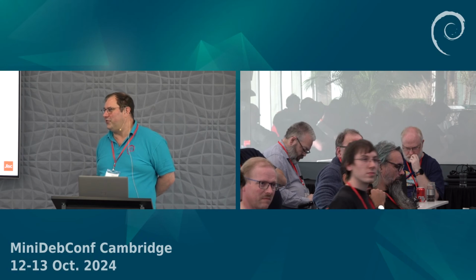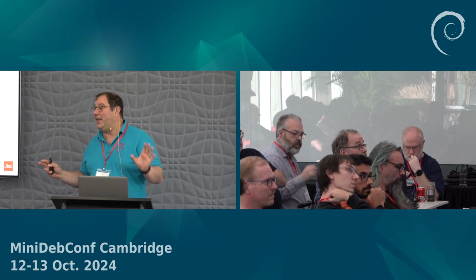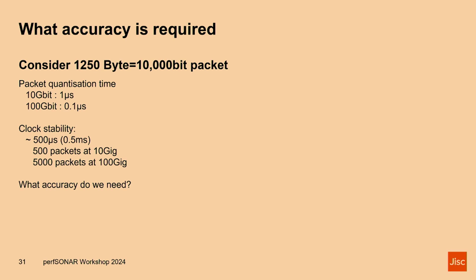So at the moment, as I showed, what we're measuring is clock drift. But I did a back of the envelope calculation, and being a physicist, there are 10 bits in a byte, but you're all a little bit more sophisticated than that.